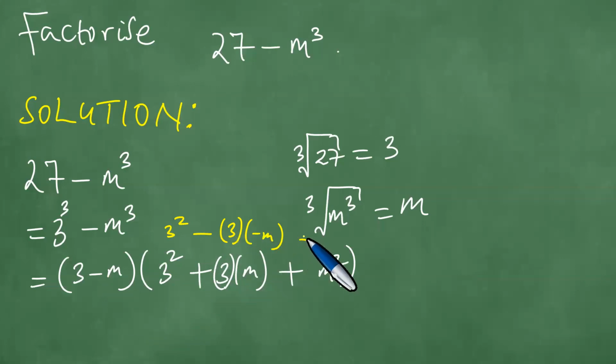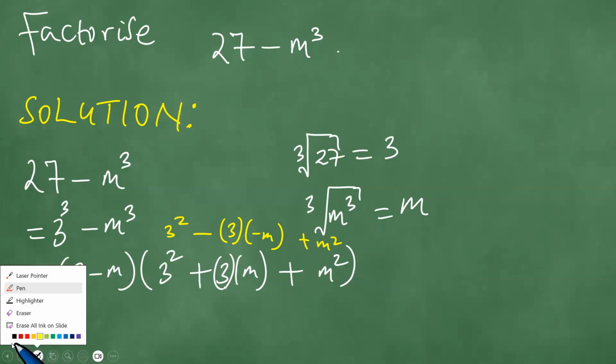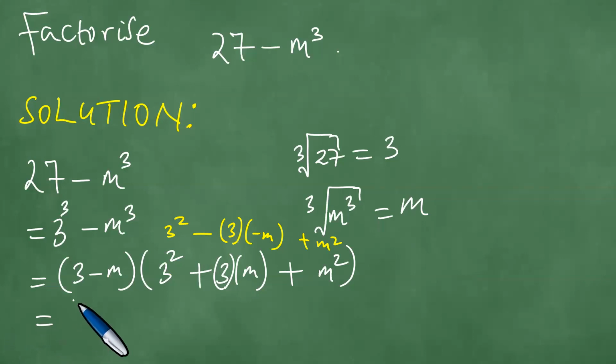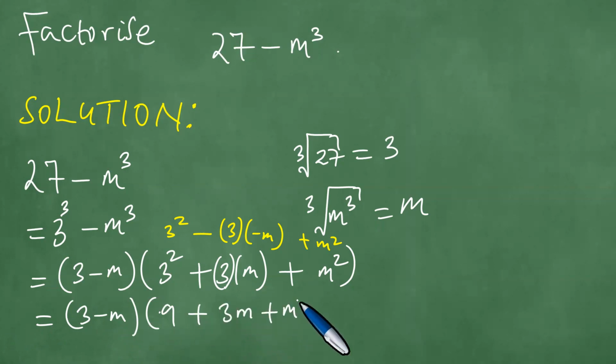It's plus, and then plus m squared. So you have this, which is 9 plus 3m plus m squared. You get the point? Okay, so, right, let's get the next thing.